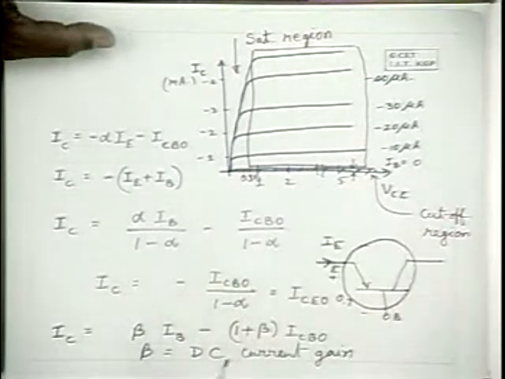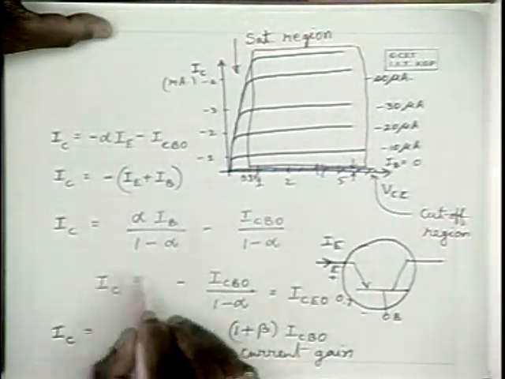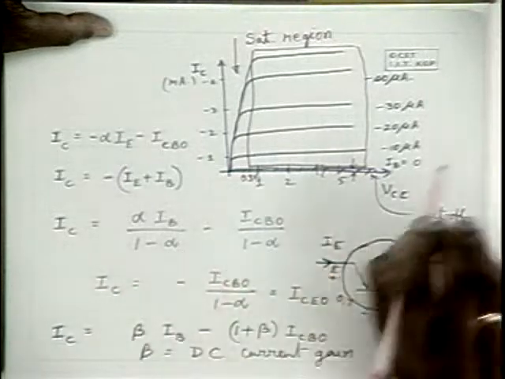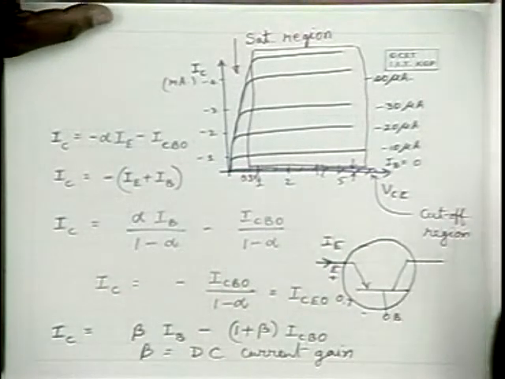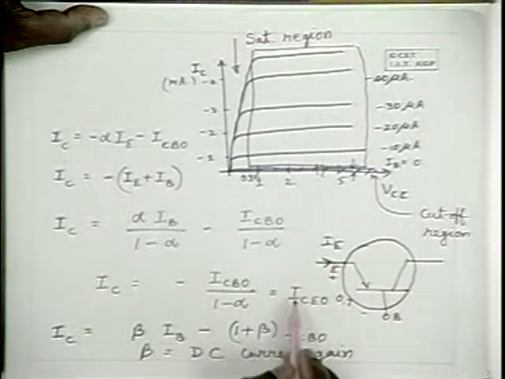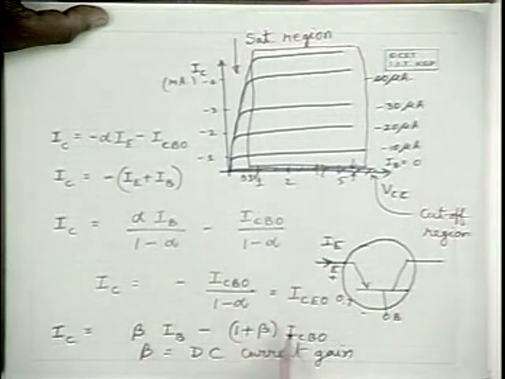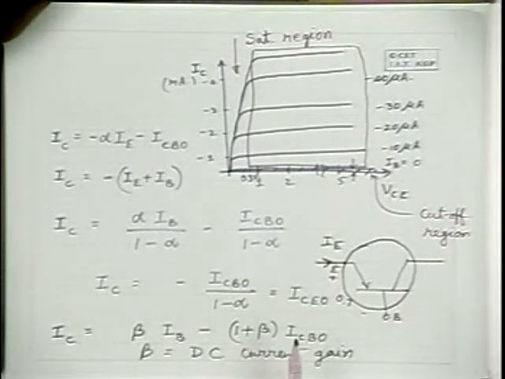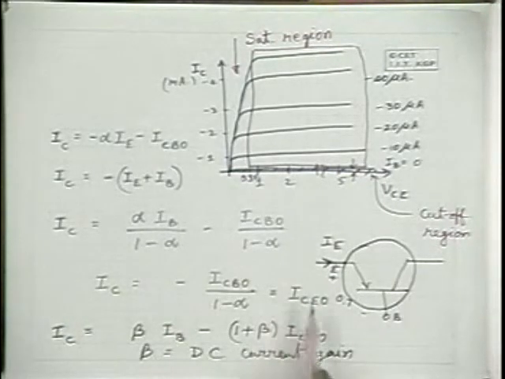In the cutoff region, we expect the collector current to be almost 0. But in this particular configuration, the common emitter configuration, ICEO is about 1 plus beta times ICBO. ICBO, like in the common base configuration, is of the order of a nanoampere, and here it may be 100 nanoamperes, which is not as small as in the common base configuration.